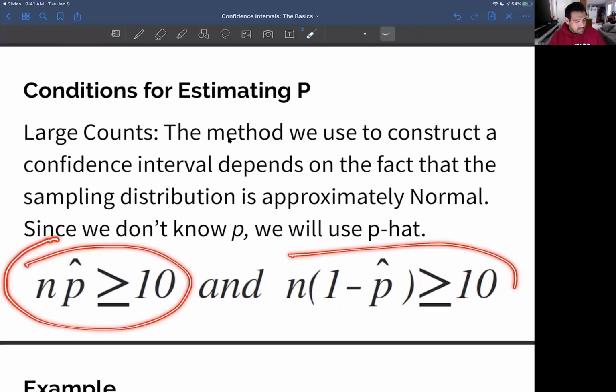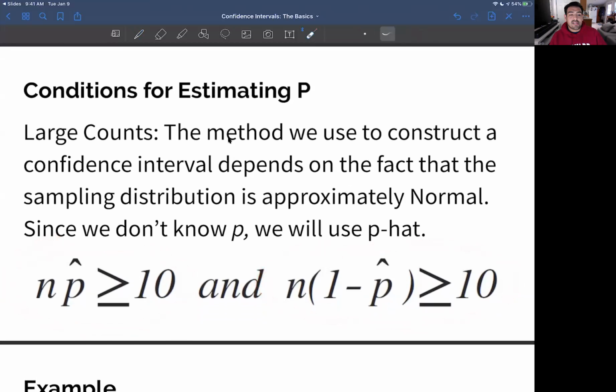In the same way, we need to have at least 10 failures: n times the probability of failure, or 1 minus p hat, is greater than or equal to 10. In order to assume that our sampling distribution is approximately normal, we need these large counts. So remember, there are three conditions that we need to ensure have been met in order for us to make a confidence interval.